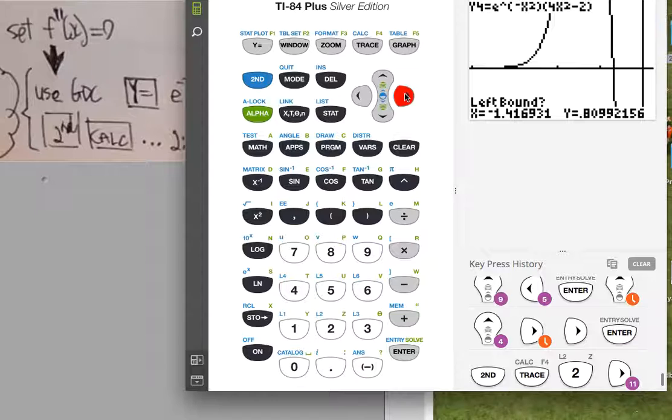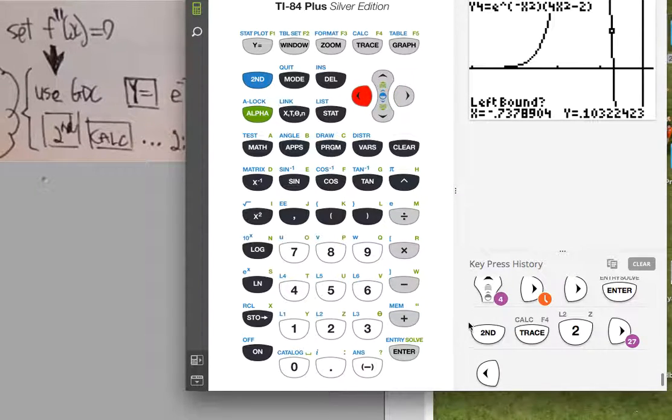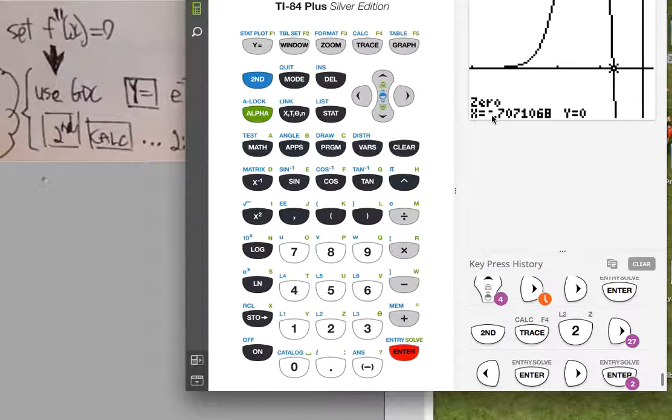Let's see if my x values are increasing or decreasing. Looks like my x values are getting closer to 0, so I should be seeing the cursor at some, there it is. Oop, a little too far. So we're going to go the lower bound, or left bound is to the left of the 0. Go down one more, hit enter, and there is our 0.